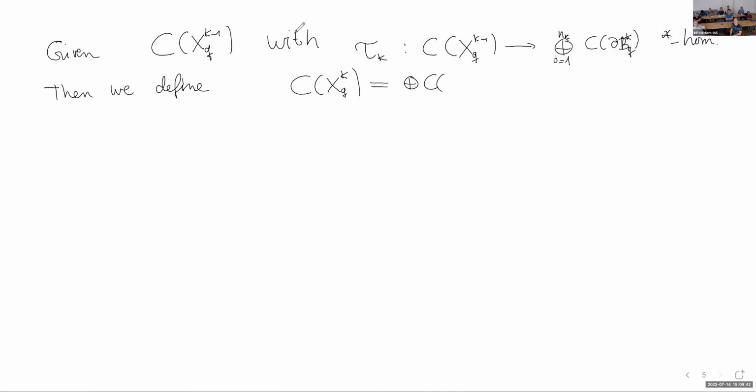It's the ball. Closed. Yeah, I'm with the T again. Plus X K minus 1, 2, over 2.